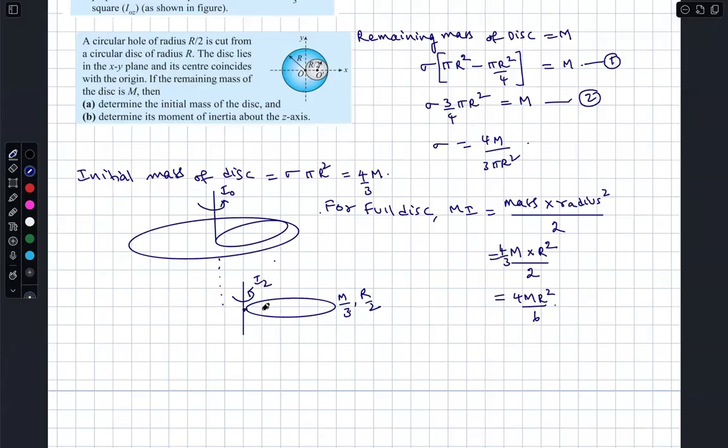Very clear, this morning I taught you the moment of inertia I2 is mass times radius square, 3 by 2 times M r square, so 3 by 2 times this is M R square by 16.